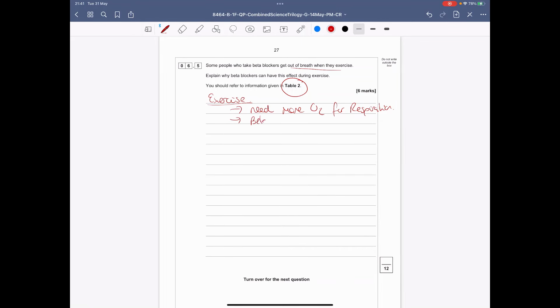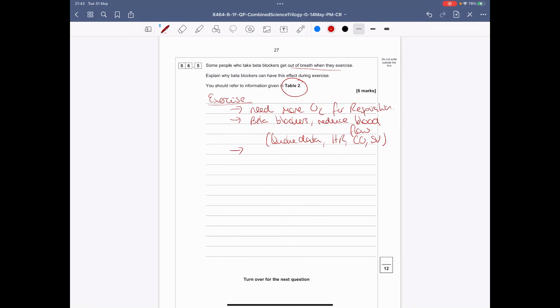Beta blockers reduce blood flow. And then you could quote data here from the table for heart rate, cardiac output, and stroke volume. So literally just copy the numbers, quote people that don't take it compared to people that do.